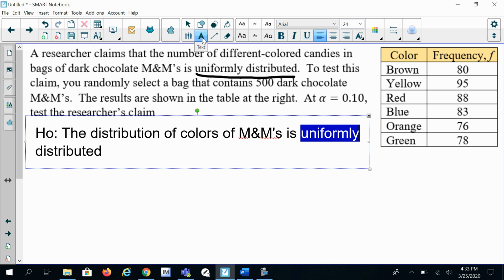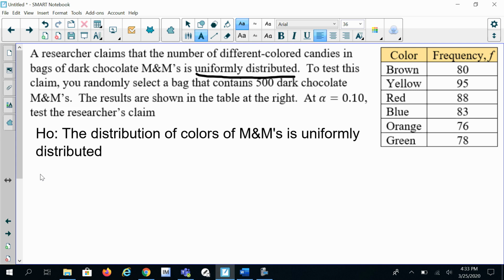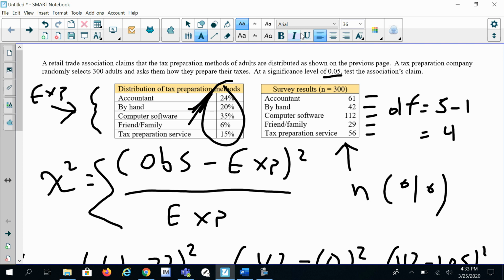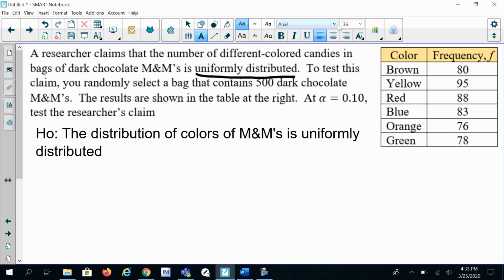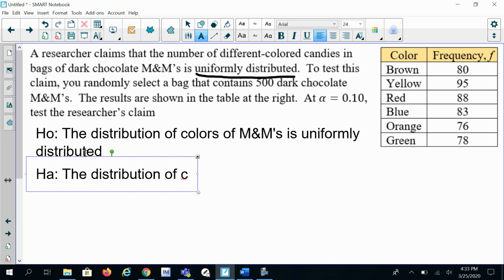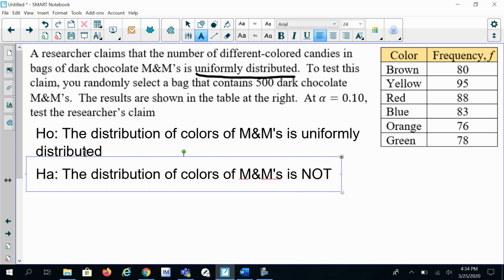So you could probably take a really good guess about what HA is. So HA is going to be the distribution of colors of M&Ms is not uniformly distributed.